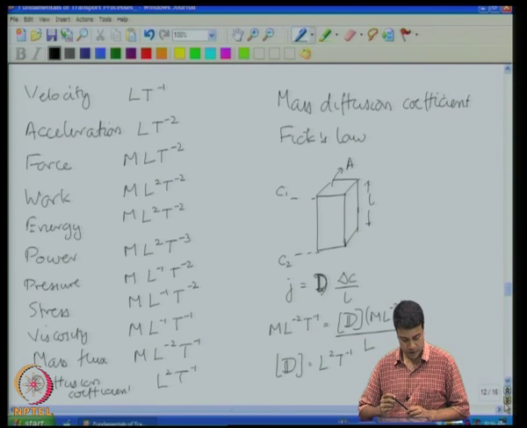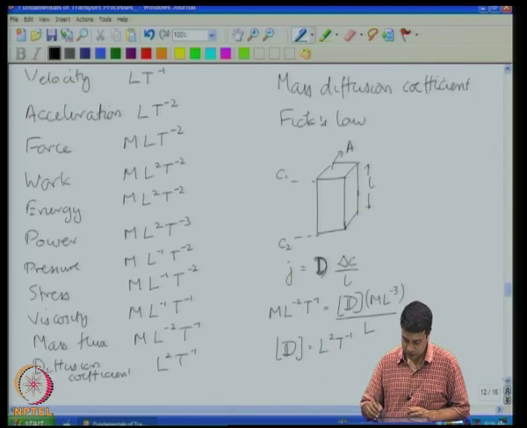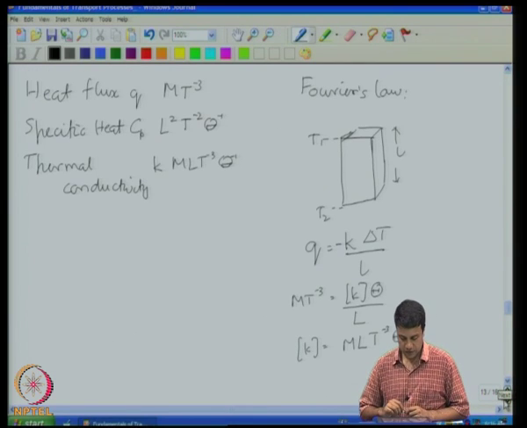Fick's law for diffusion was used to determine the equation for the diffusion coefficient from a knowledge of the mass flux. And Fourier's law of heat conduction was used to determine the dimension of the thermal conductivity by knowing the difference in temperature and the heat flux.